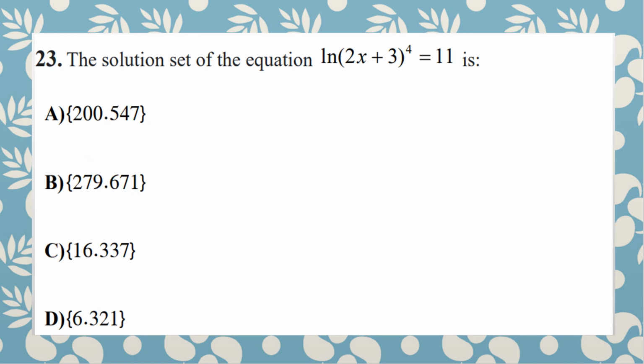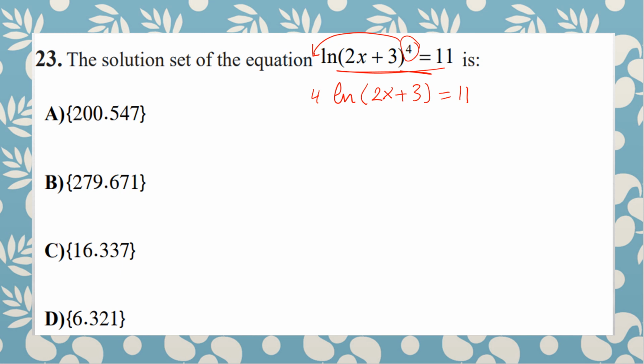The solution set of the equation ln (2x plus 3) to the power 4 equals 11. This logarithmic equation can be solved using the property that we bring the power of the expression before the logarithm, the ln. Then 4 ln (2x plus 3) equals 11.